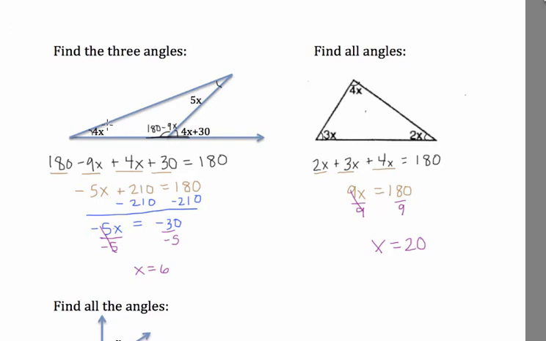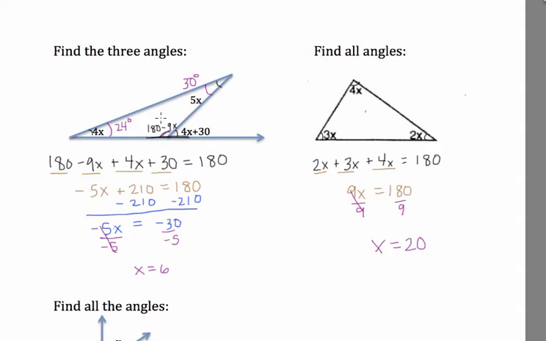I still have to find what all these angles are. This one is 4 times x. Well, x is 6. So 4 times 6, that makes this angle 24 degrees. 5 times x, x is 6, so that makes this angle 30 degrees. And so this angle, I can sub my 6 in there. 180 minus 9 times 6, or minus 54.